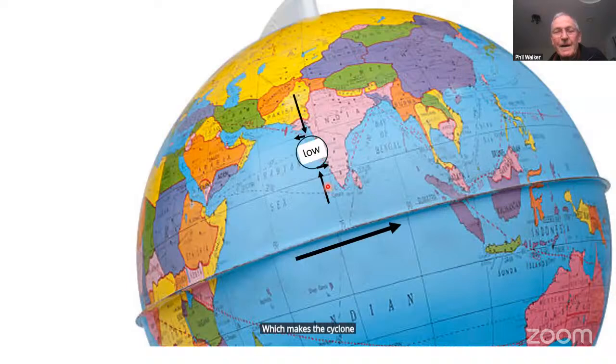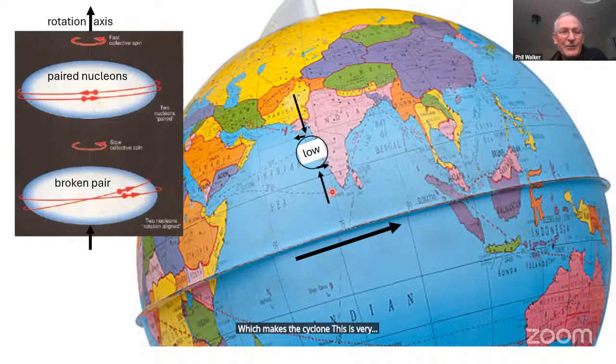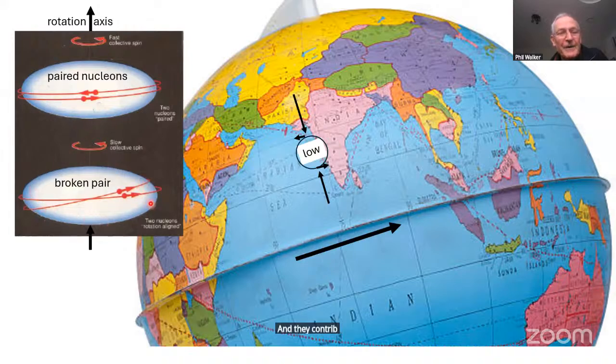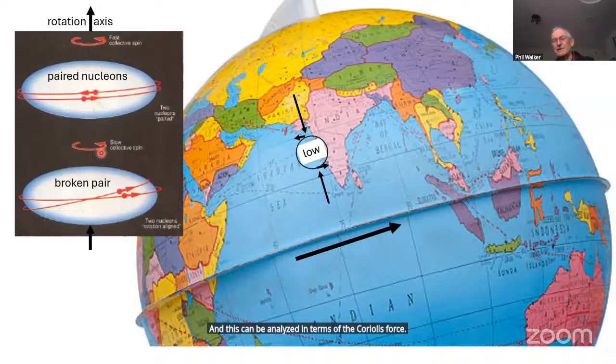And this is very related to what's happening with the breaking of pairs as the nucleus rotates. The pairs line up with the rotation, and they contribute to the angular momentum of the whole object. And this can be analysed in terms of the Coriolis force, but I'm saving you those equations and concentrating on the intuitive aspect instead.